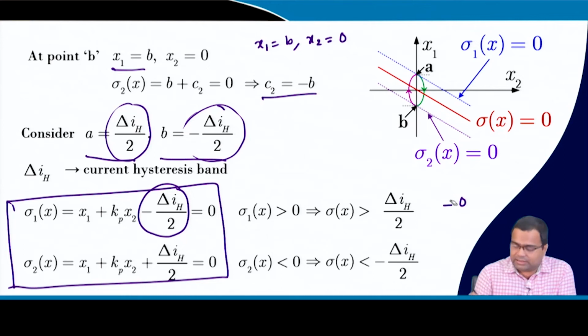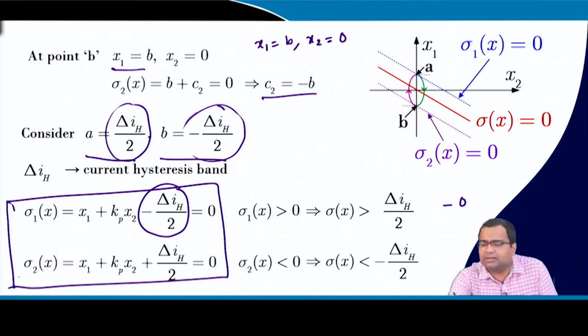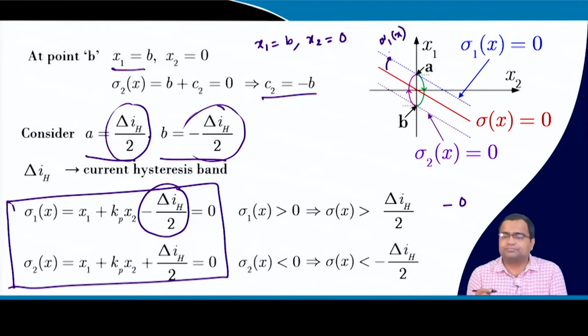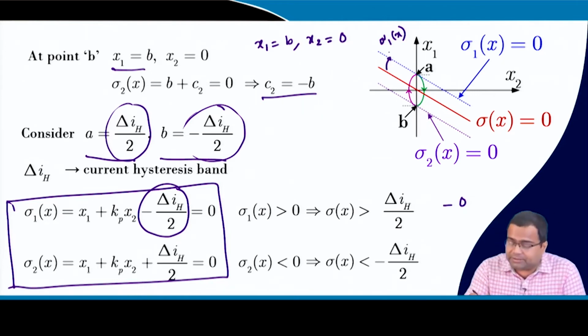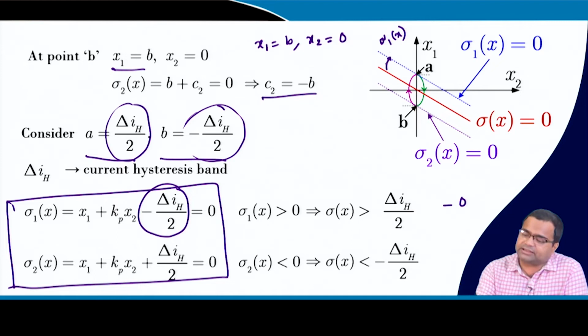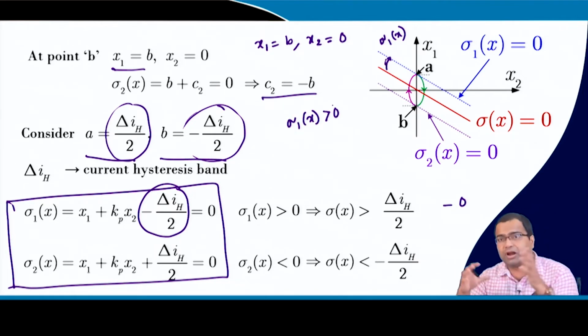You can see what is the requirement: for the trajectory, what is my q logic? If the trajectory crosses this, that means when sigma 1x is greater than 0, then we should turn off the switch.